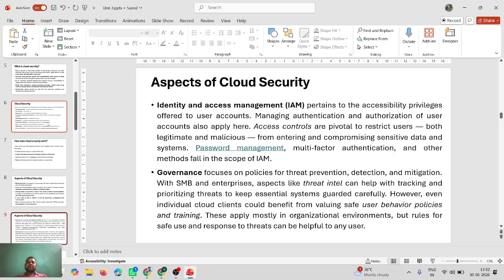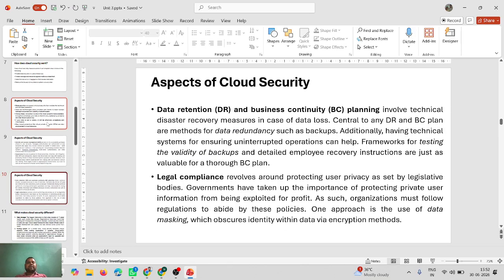And governance. We can implement policies, techniques, and tools to prevent threats, data loss, and data theft. Then data retention and business continuity policy.